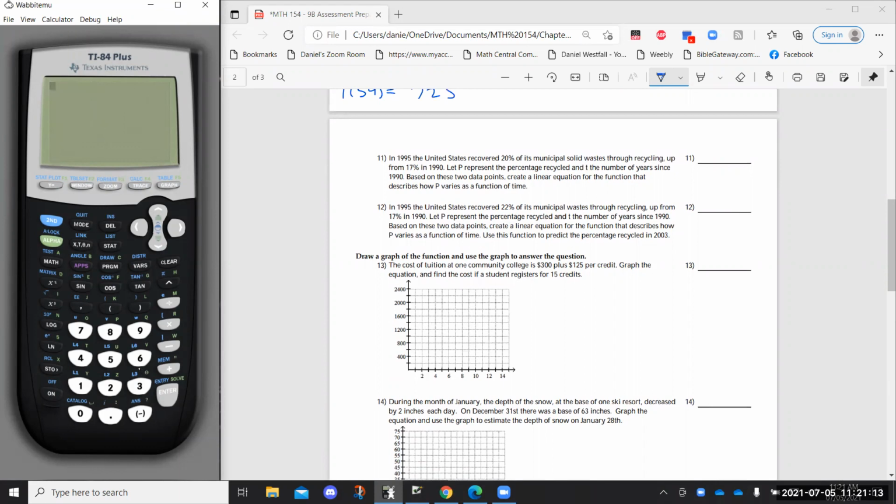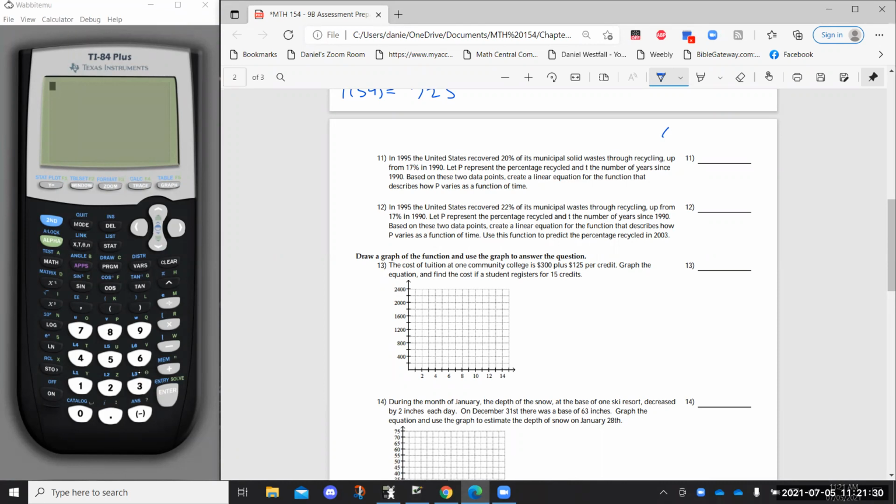In 1995, the United States recovered 20% of its municipal solid waste through recycling, up from 17% in 1990. So I'm going to say that this was 1990.